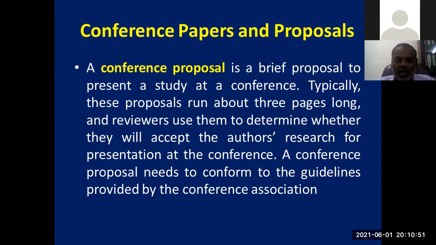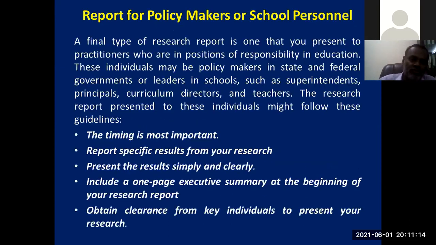Typically, these proposals run about 3 pages long, and reviewers use them to determine whether they will accept the author's research for presentation at the conference. A conference proposal needs to conform to the guidelines provided by the conference association. Once they accept your conference proposal, only then will they ask you for the full paper.